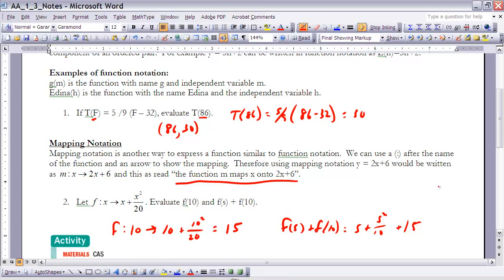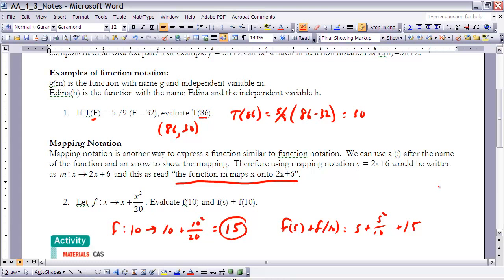So each one of these x's, I'm going to put a 10 in instead. So f maps 10 onto 10 plus 10 squared over 20. 10 squared is 100, 100 divided by 20 is 5, and 10 plus 5 is 15. So f of 10 would be 15.